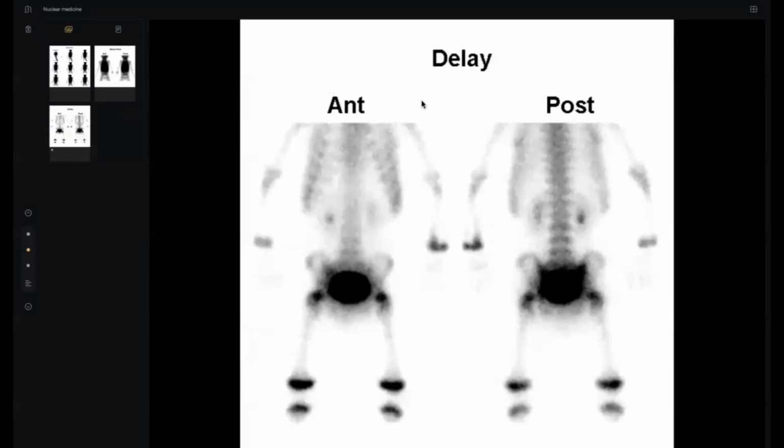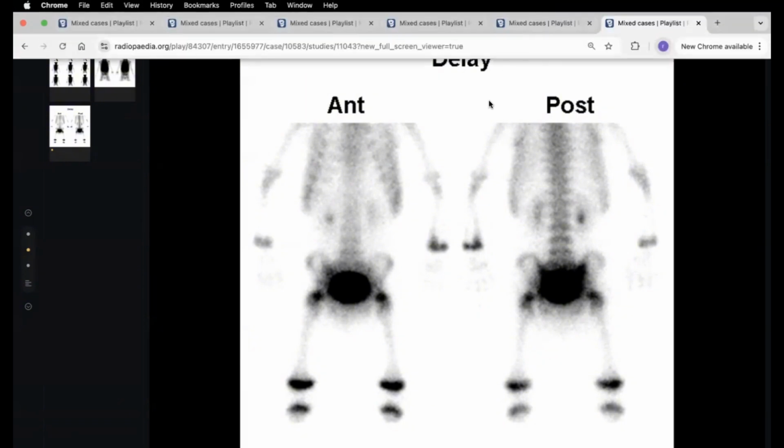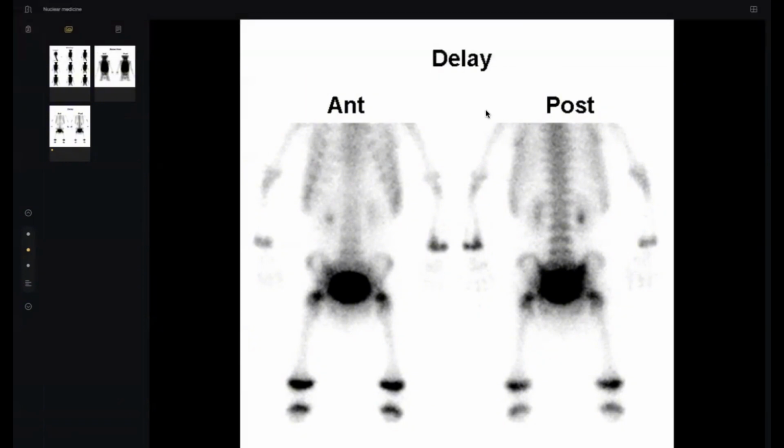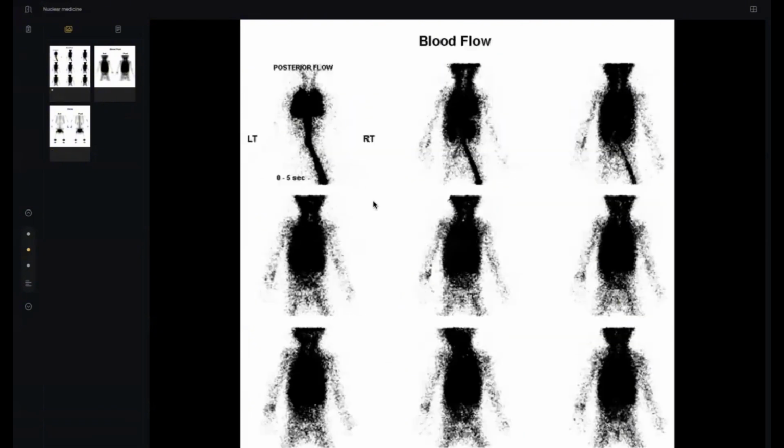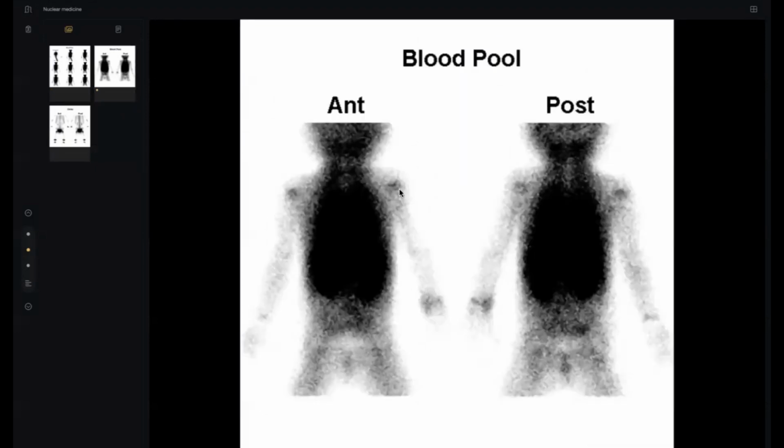A delay. What is the name of this study? This is a bone scan, static or dynamic? It's like a dynamic. Yes, dynamic bone scan, excellent. We see in the arterial phase increased uptake in the distal radius. Check the blood pool. This is anterior, this is posterior.